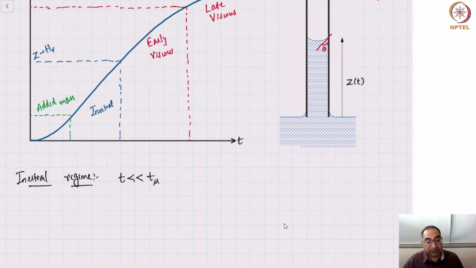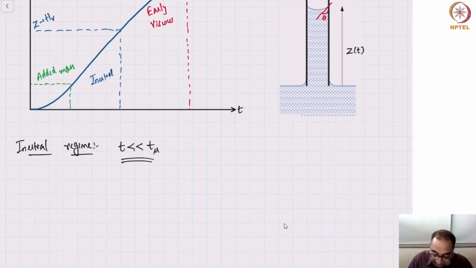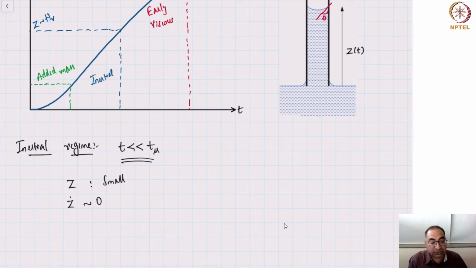And when this happens, we have the inertial regime, and let's look at what happens to the equation in this regime. When you are in the inertial regime, z is small. We also have z dot very close to 0, and z is also very close to 0. Viscous terms themselves are not important.